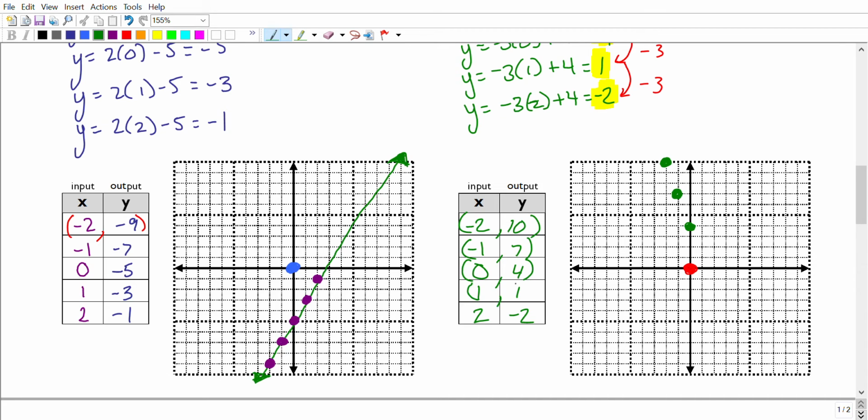Okay, 1, 1, so to the right 1, up 1, and 2, -2.